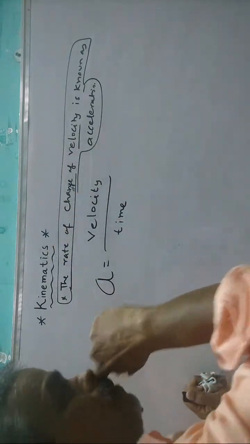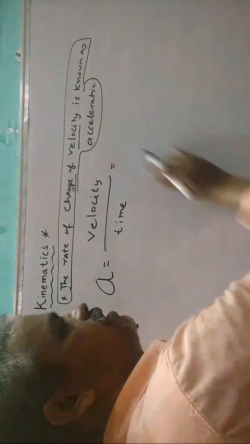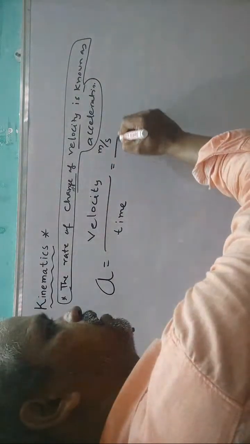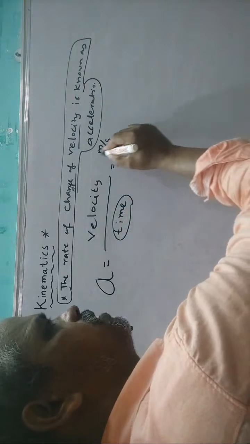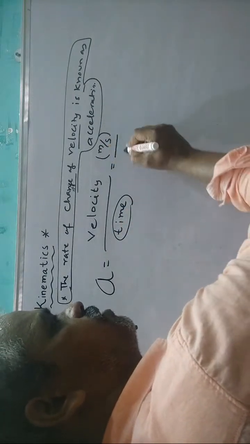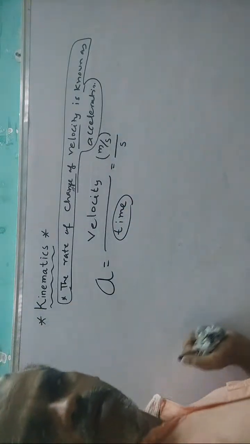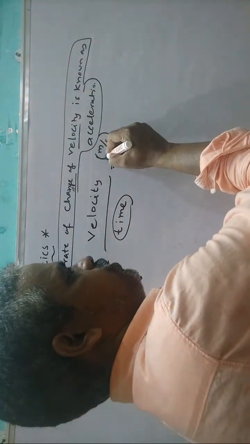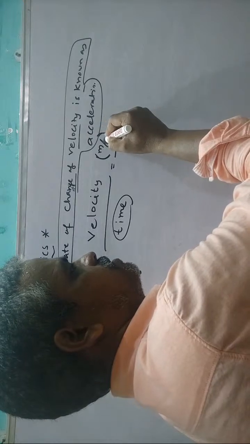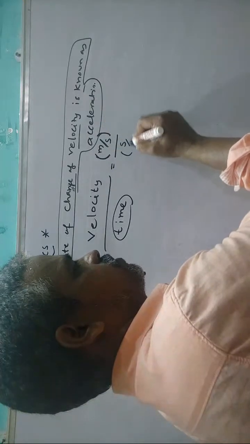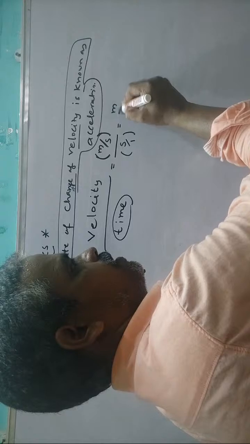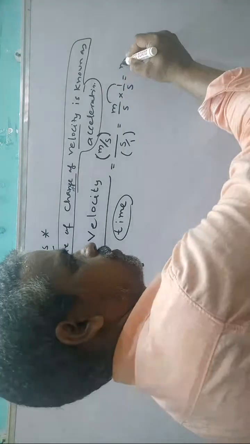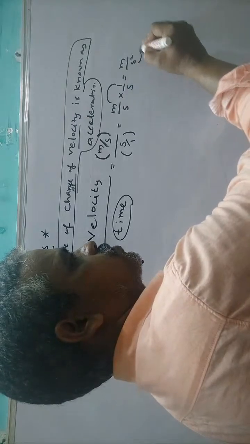Okay, now velocity units, already I discussed. Velocity is nothing but meter per second. Here time is also there. This is in the numerator. In the denominator, that is also second. What happens? In the numerator, meter per second, this is one fraction. S by 1, this is also one fraction. M by S into 1 by S. M into 1, M. S into S, S square.